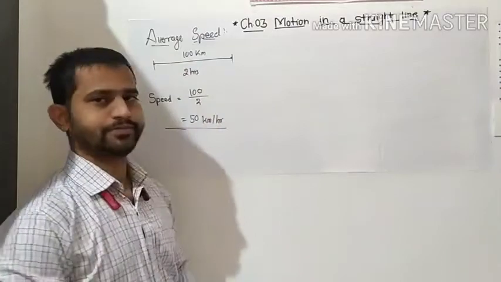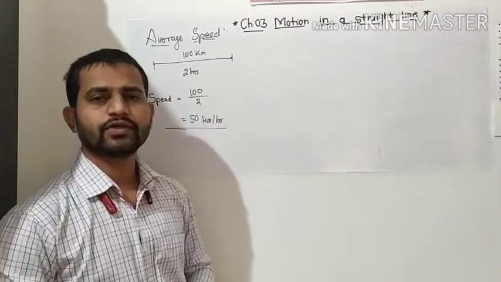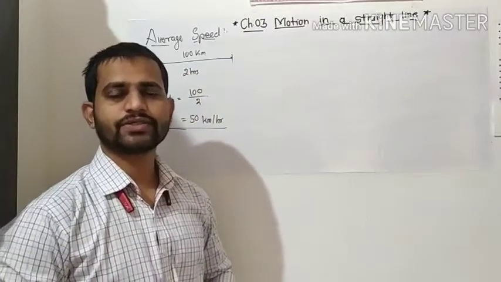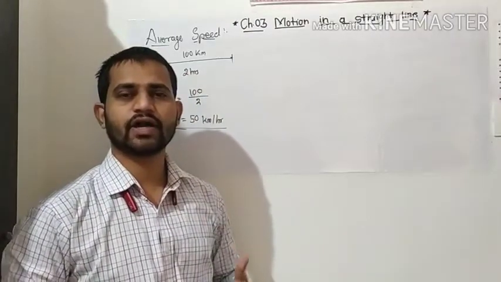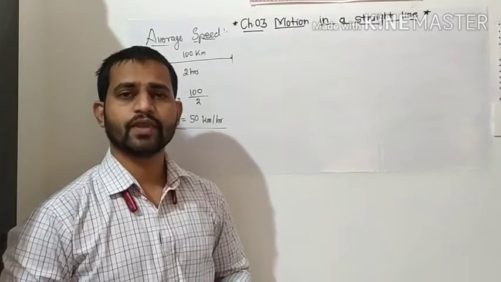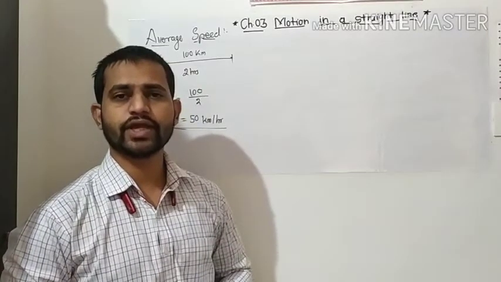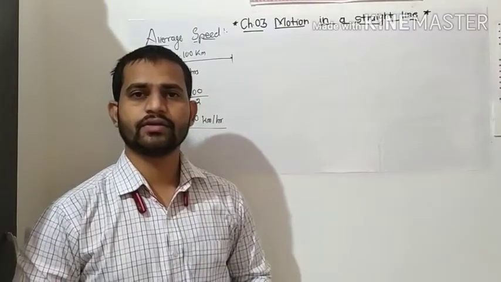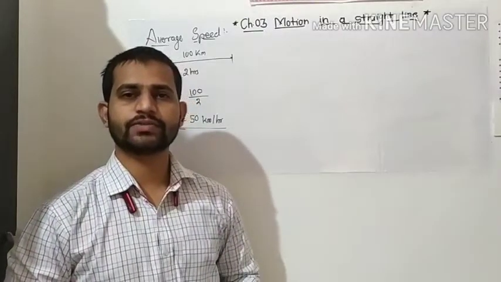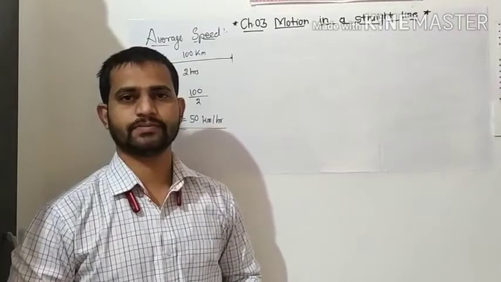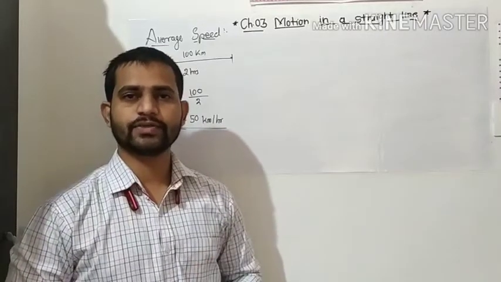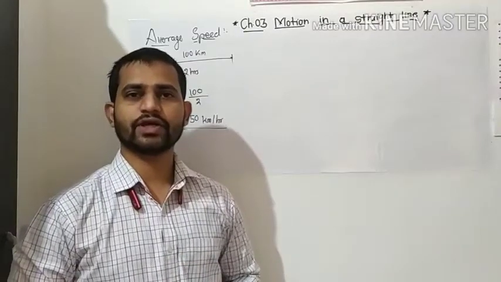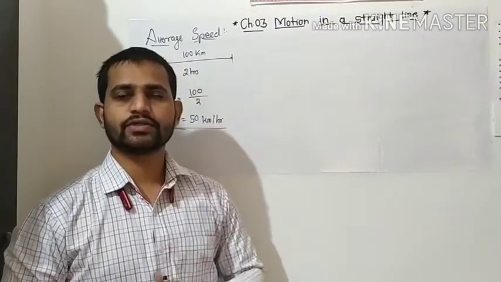But what if during this time there are some obstructions, like some marketplace, or a village, or a school area? Then what do we have to do? We have to reduce our speed, and we cannot go with a constant speed of 50 km per hour. Whenever there is a crowded area, we have to reduce our speed for that particular small distance.